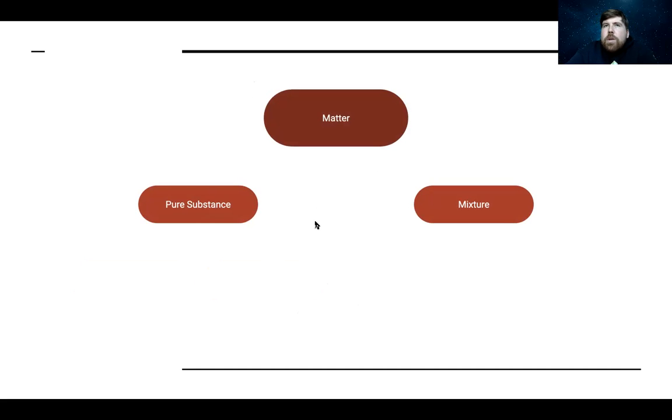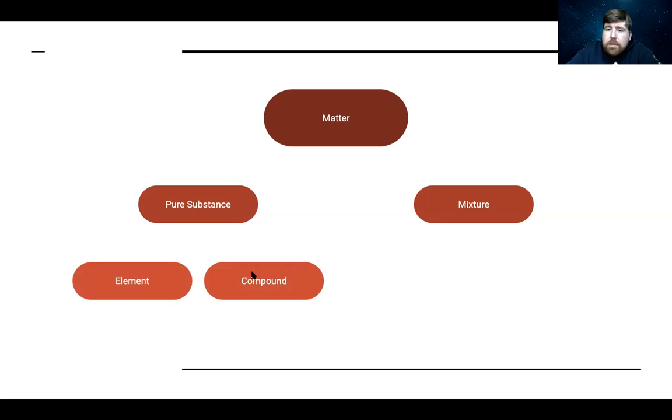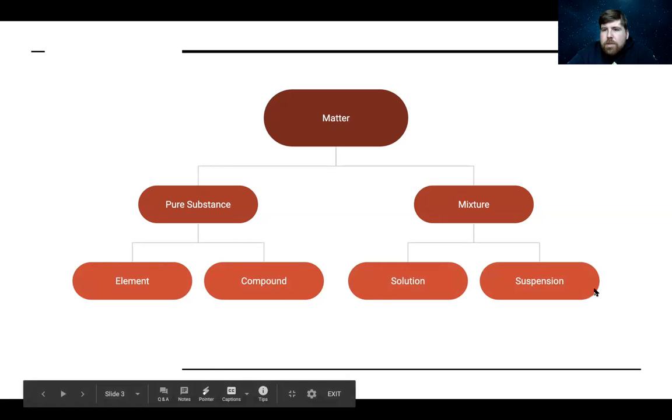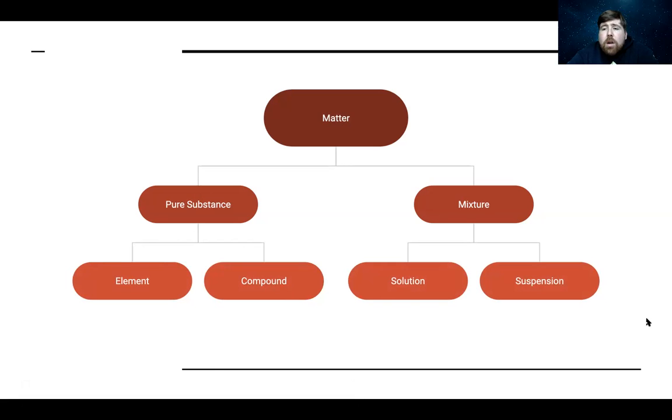And a mixture is going to contain multiple types of substances within the substance, not chemically combined. Pure substances can then be split again into elements or compounds, and mixtures ultimately can be separated into two types as well, solutions or suspensions. We also call those homogeneous or heterogeneous mixtures.